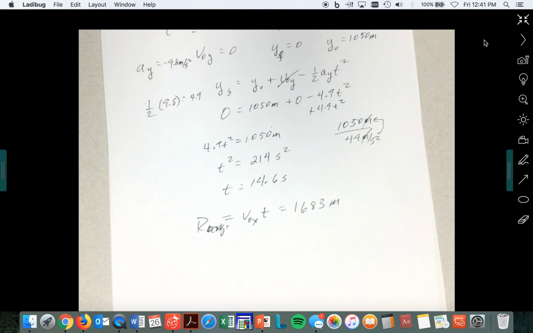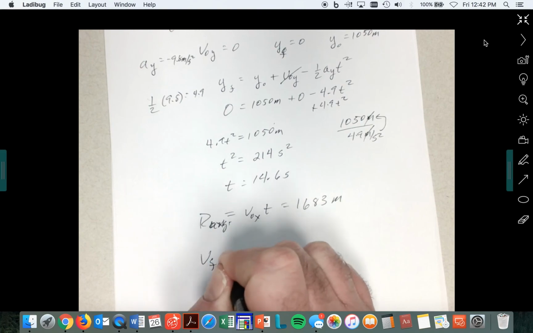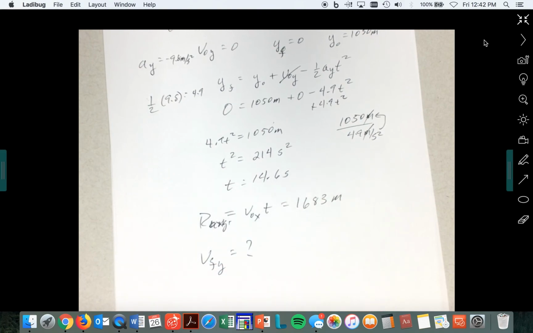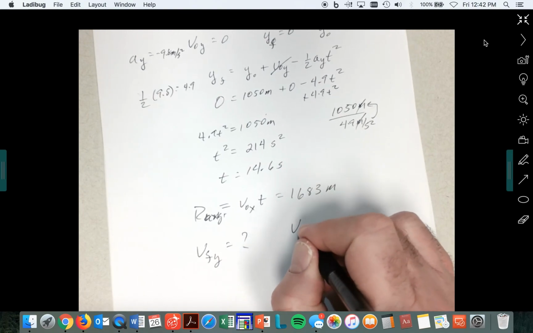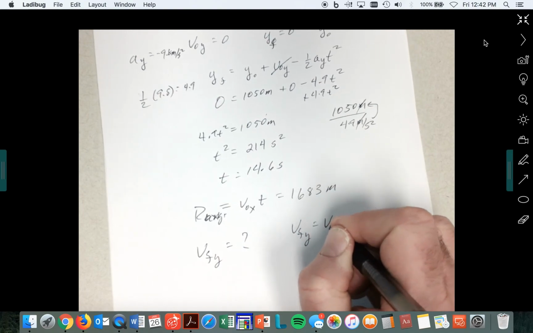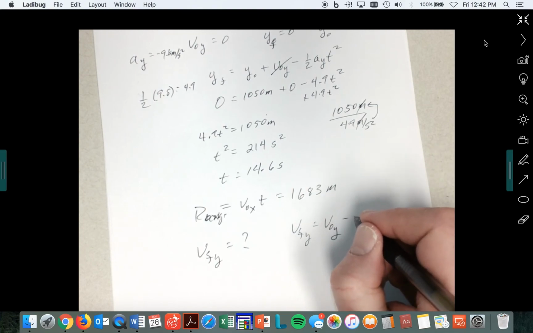Hey, wait a minute. What about the final velocity in the y direction? What is the final velocity in the y direction? Final velocity in the y direction, v final y, is equal to v naught y minus g times t. Do we know that? Yeah.